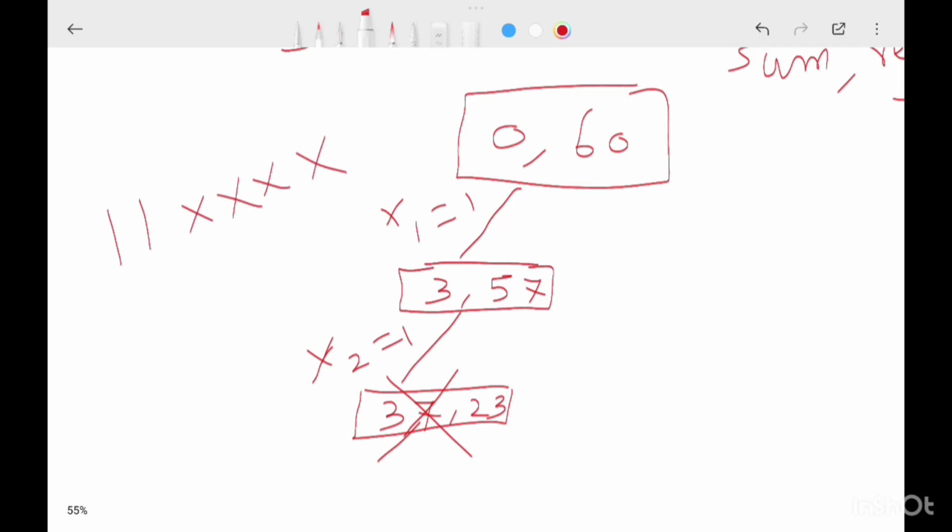All such possible combinations are killed, like 1 1 0 0 0 0, 1 1 0 0 0 1, and so on. These are all killed at this state itself.